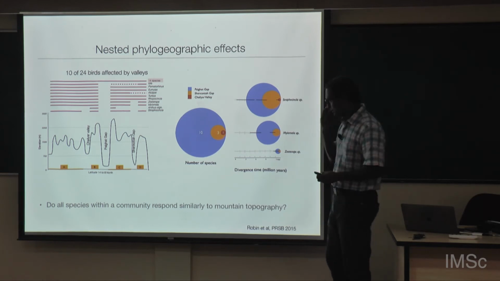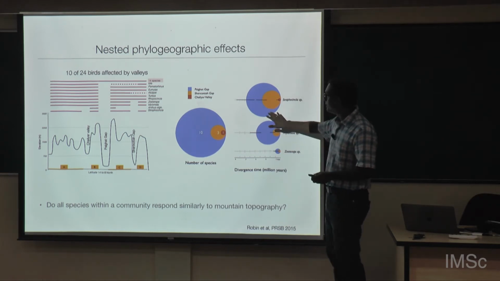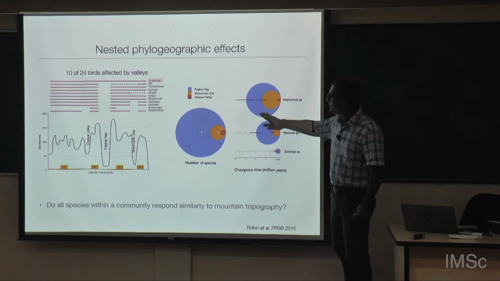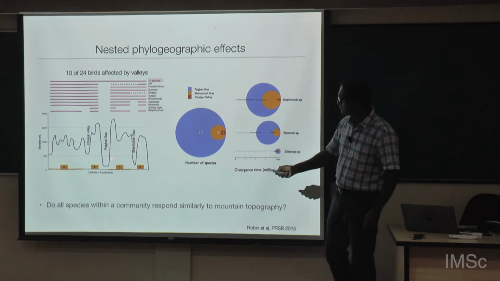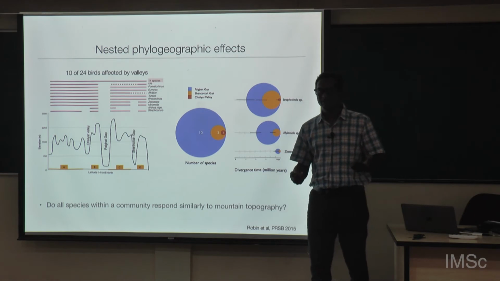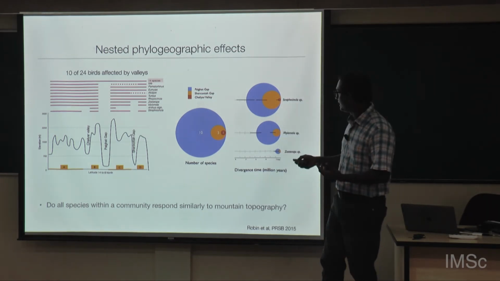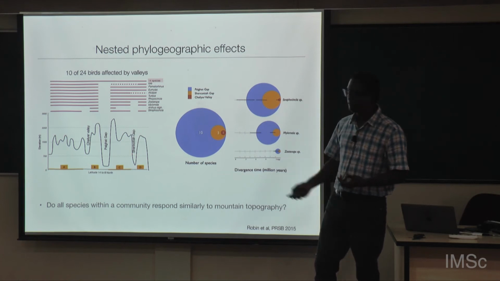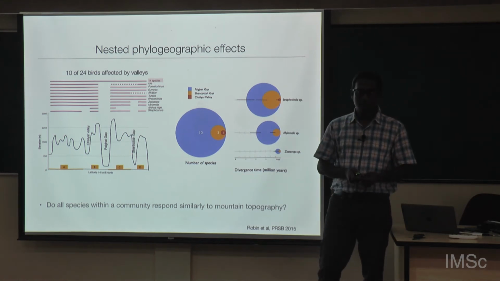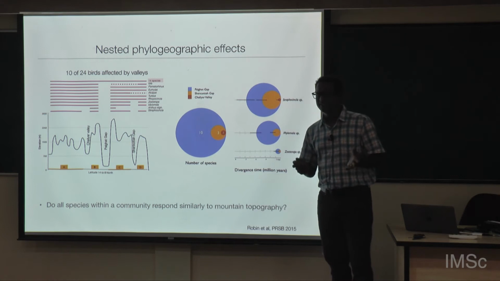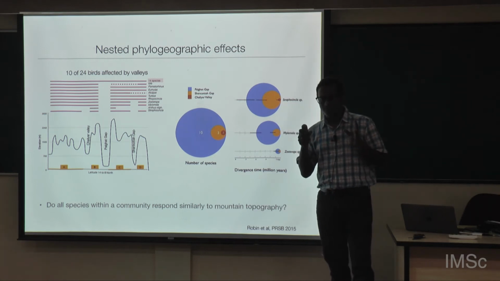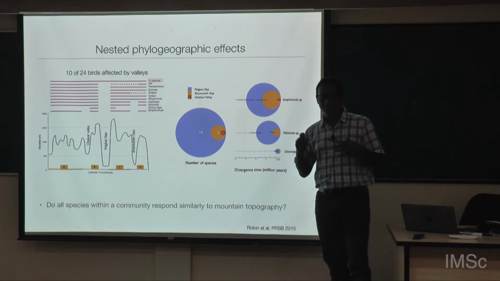That's very simply put. So here, what we find is that Palghat Gap always had the oldest divergence, followed by the Shenkuta Gap, and then followed by the Chaliyar Valley. So again, there seems to be some impact of the width and the depth of the valley.